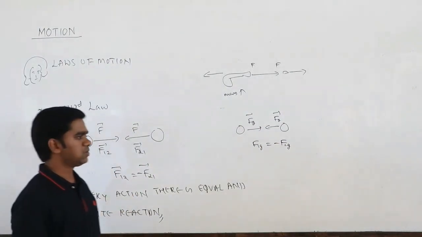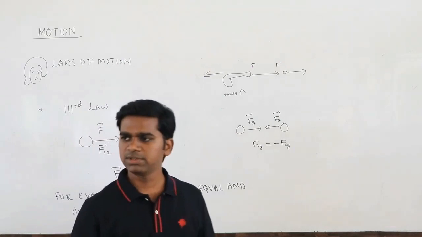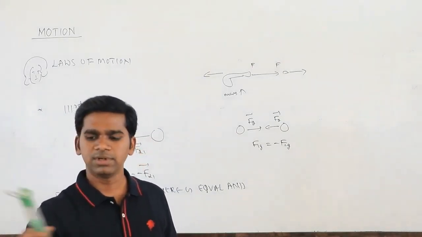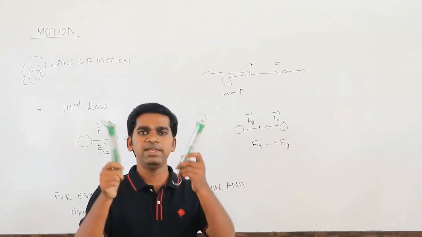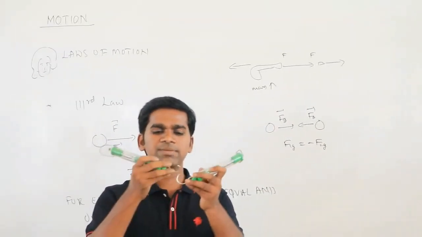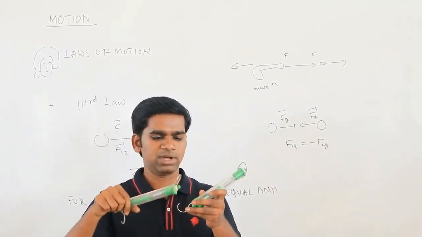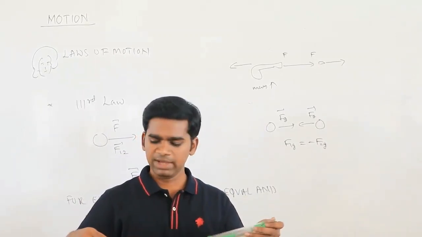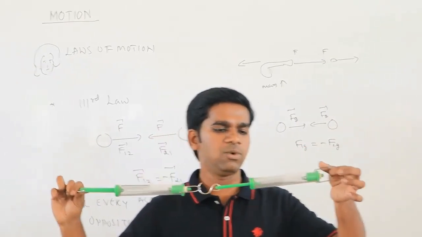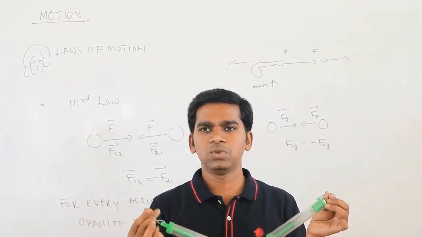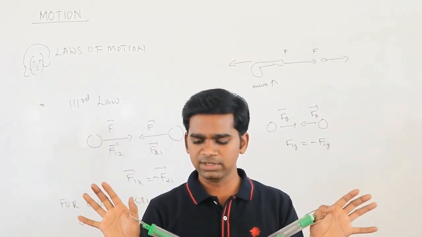If you want to see that, suppose I have two weighing machines over here. I will connect them one by one and apply force on this one. Now it is showing 0.